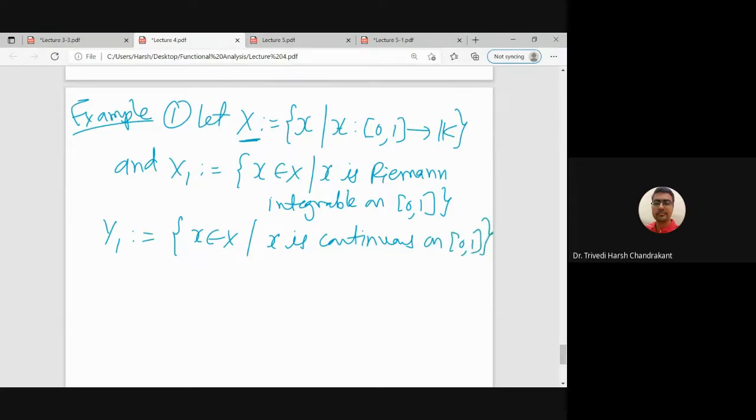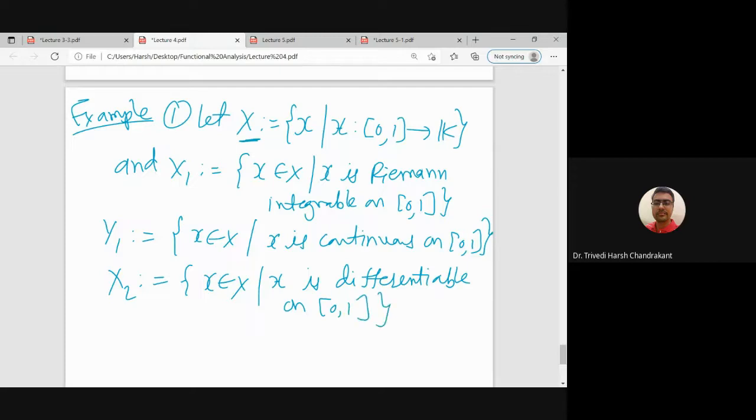Similarly, let us define X2, that is the elements of X such that x is differentiable on the closed interval [0,1].